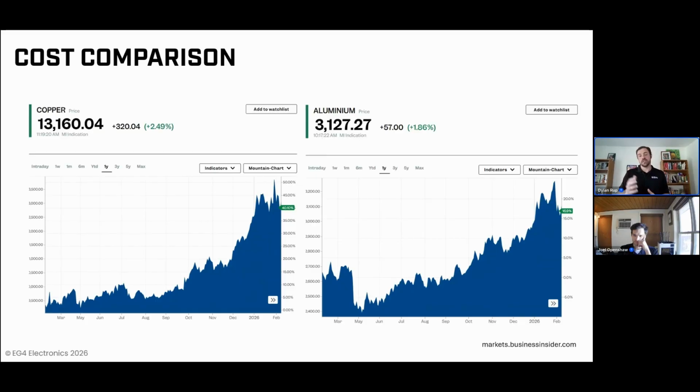The price of aluminum up nearly 20% for the last year. With the rising rates of electrification, I certainly would expect these costs to at least stay level, if not to continue to rise in the future, which again is going to mean that balance of system will continue to be more expensive in the future.